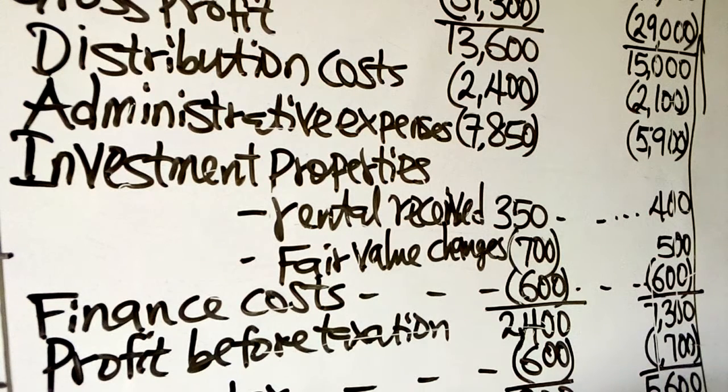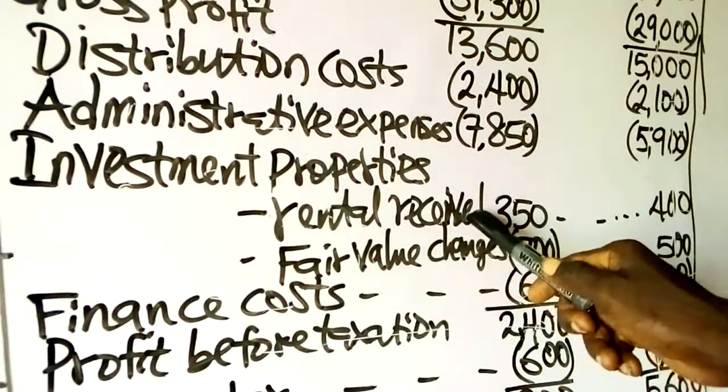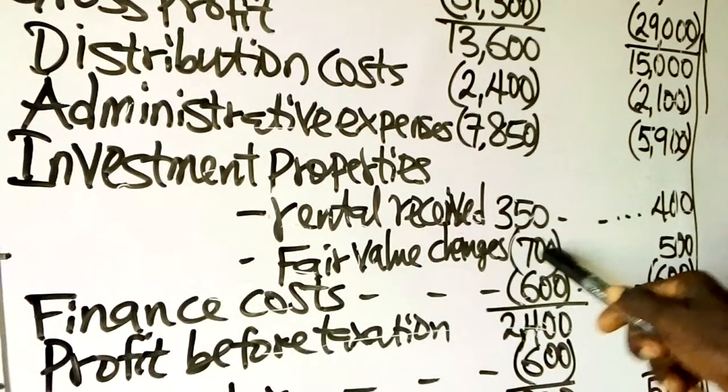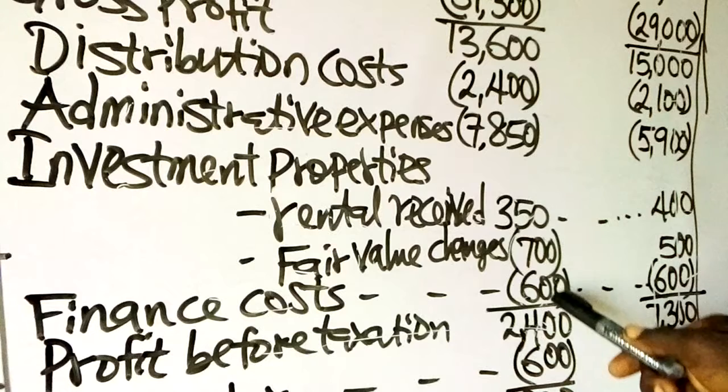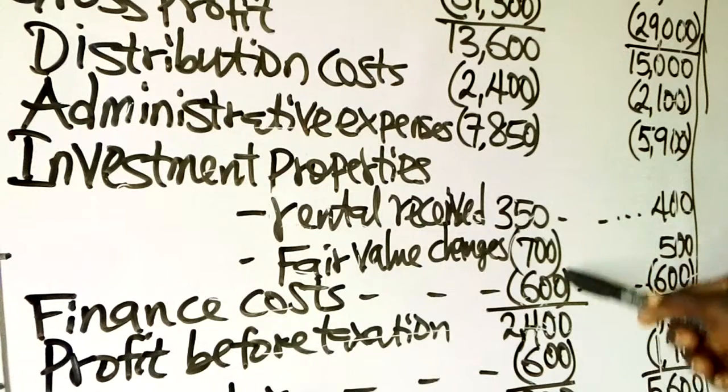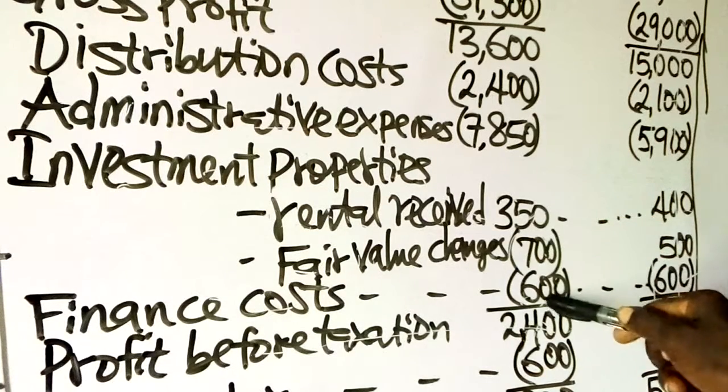So you take the profit before taxation of 2,400, deduct the rental receipt, add fair value changes, then add the finance cost. Those things that have led to an increase in the profit before tax will be deducted, while those things that have led to a reduction in the profit before tax will be added.